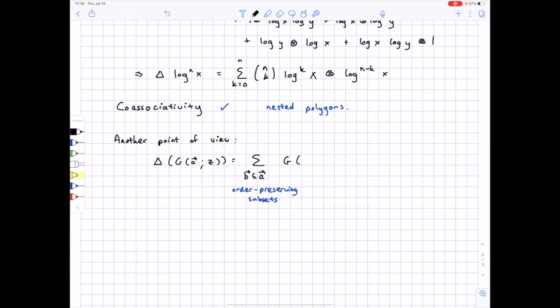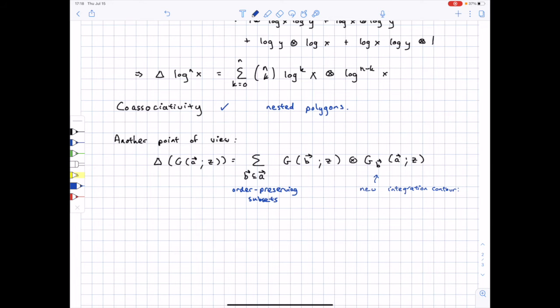So here on the left we have G of those arguments in B, with the final argument Z. On the right of the tensor product we have something new. The arguments are the same that we had originally, but what is meant by the subscript is that we have a new integration contour.